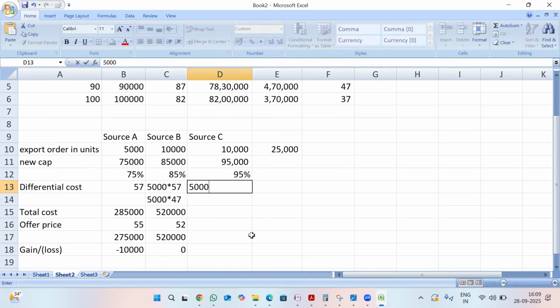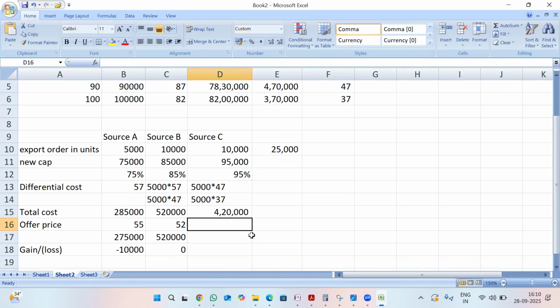So for 5,000 units, I will be operating at 47 rupees, and for the rest of the 5,000, I am operating at 37 rupees per unit. So my cost will be 5,000 into 47 plus 5,000 into 37. So my cost will be 4,20,000.